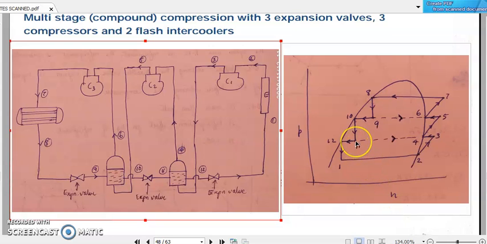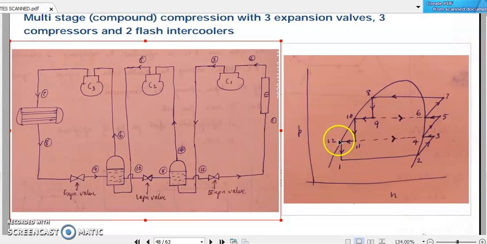Then whatever liquid refrigerant is remaining inside the flash gas chamber, the formation of the saturated liquid refrigerant inside the flash gas chamber, is represented as 11 to 12. So 11 to 12 is this horizontal line.